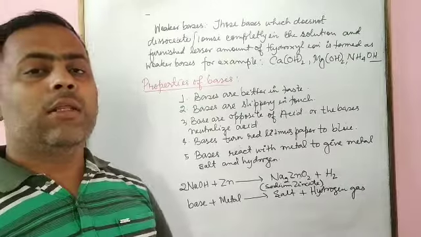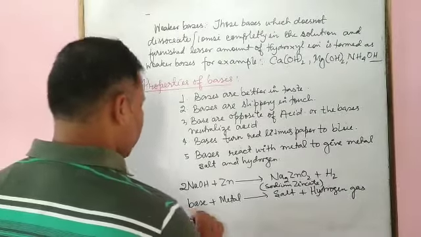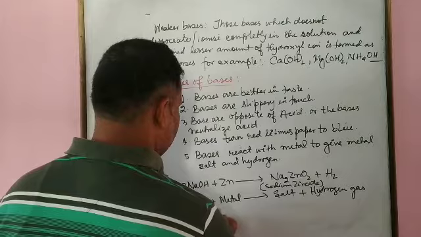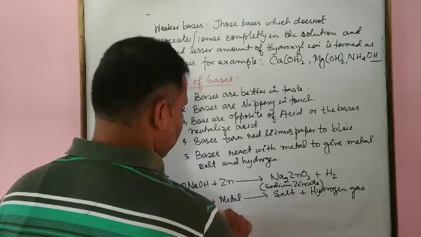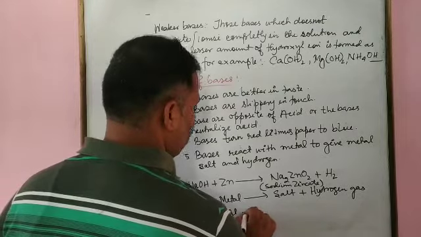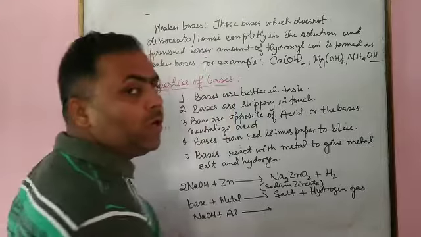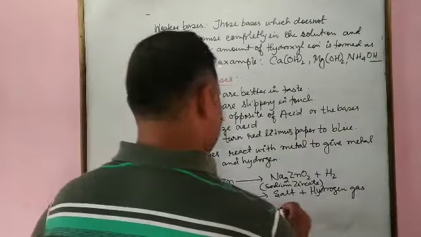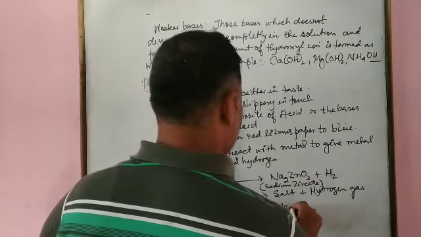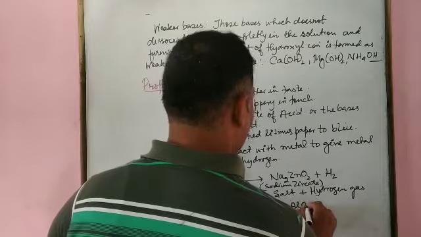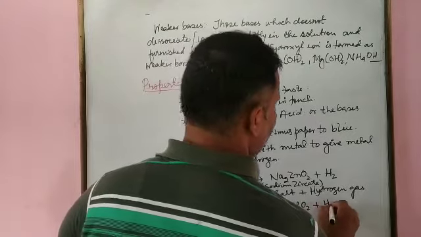Let us take another example, that is when sodium hydroxide reacts with aluminum, then it forms sodium aluminate, NaAlO2, plus hydrogen gas.